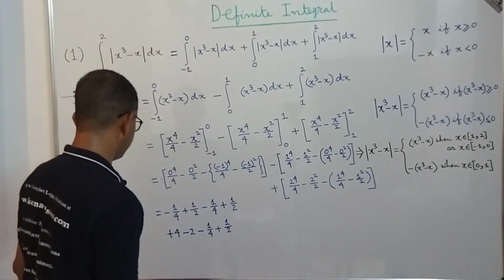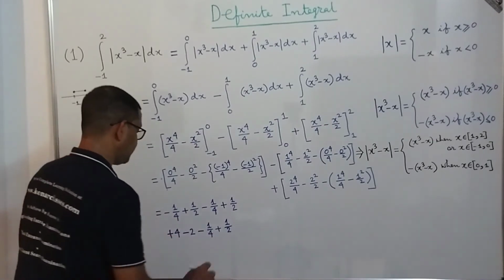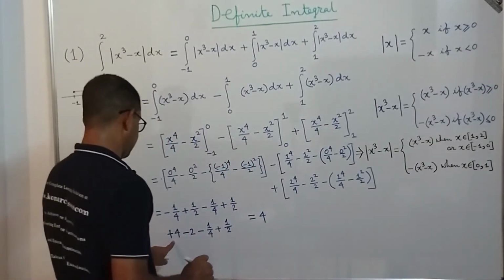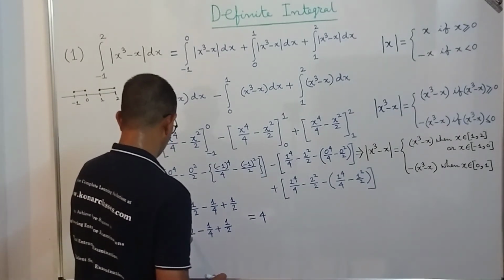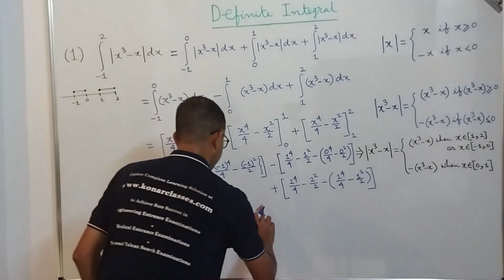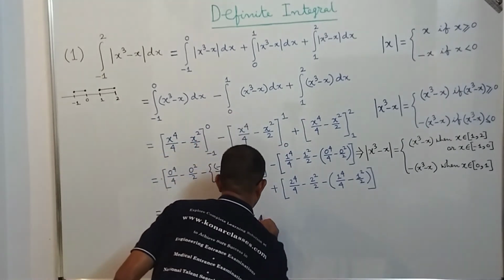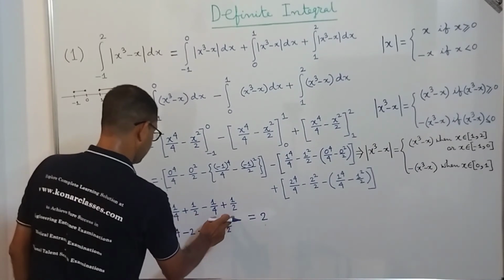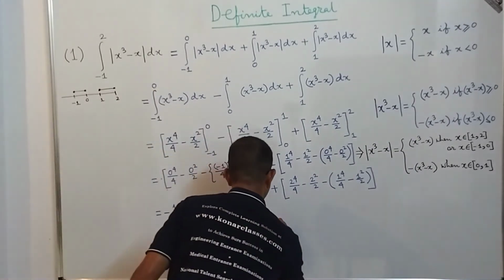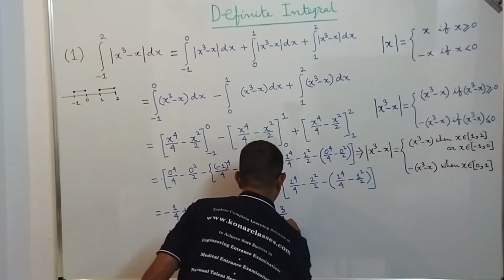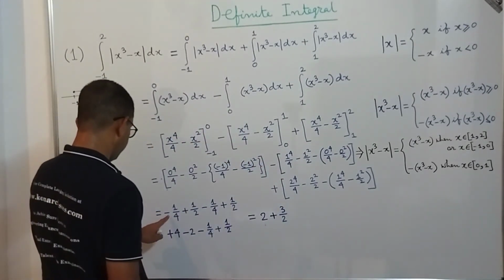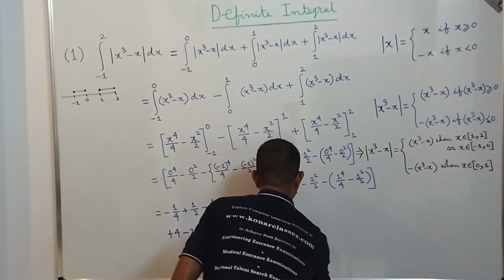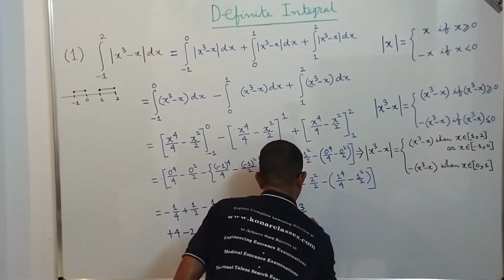So what we get, dear students? We get 4 first, then 4 minus 2, we can write this as 2. Then 1 by 2, 1 by 2, 1 by 2, there are three of 1 by 2, that means 3 by 2, and then minus 1 by 4, minus 1 by 4, minus 1 by 4, minus 3 by 4.